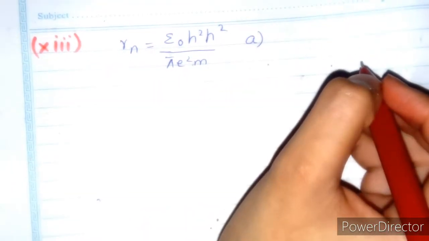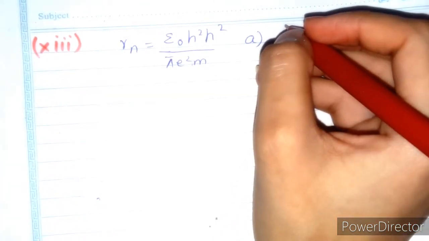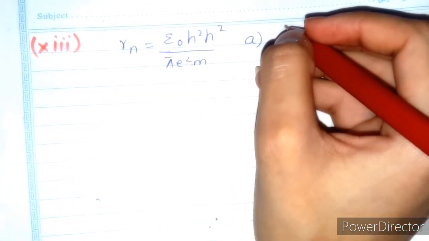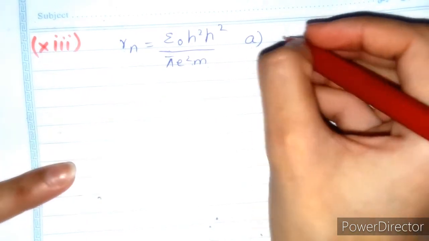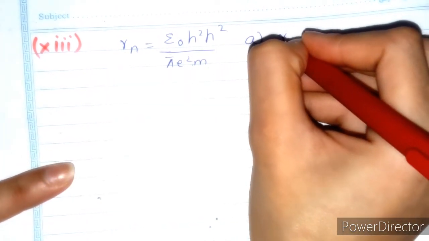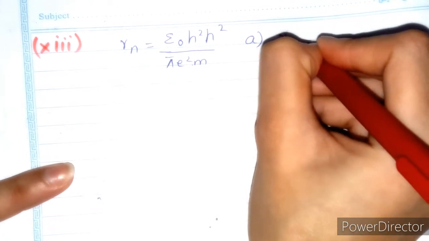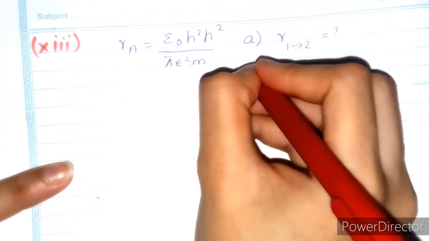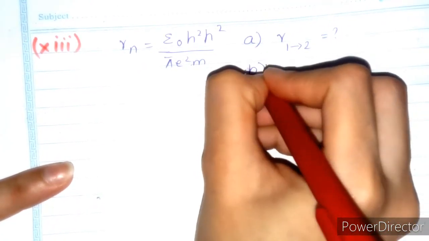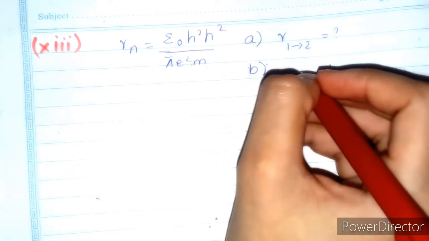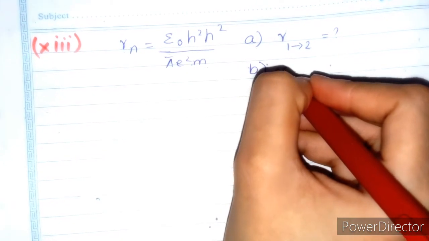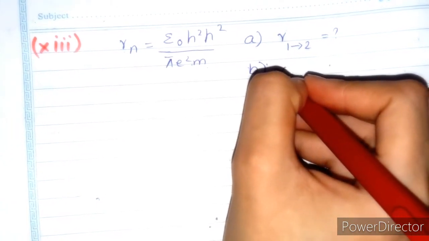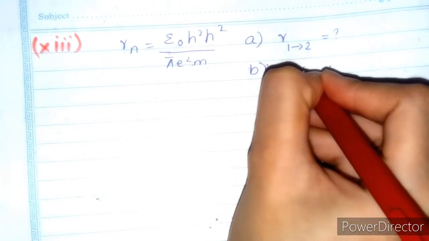In part A we have to find when electron moves from n1 to n2, how much the radius changes. So we have to find the radius when it moves from 1 to 2, and in part B we have to find the distance traveled by electron, which is also radius. So we have to find the value of radius for 8 to 3.